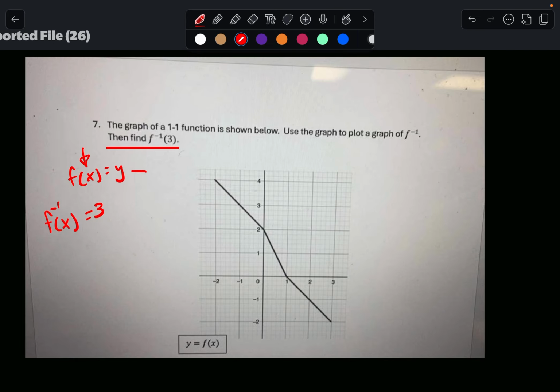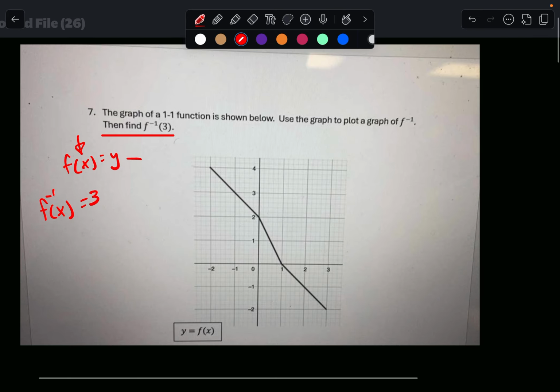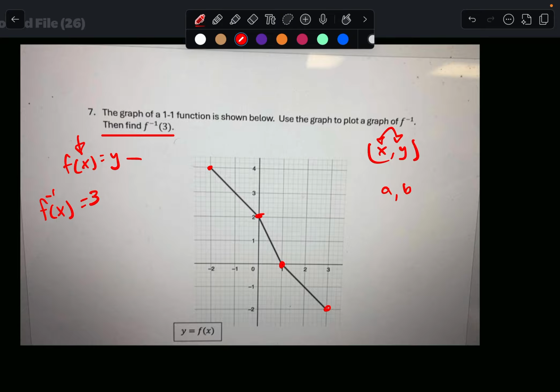Okay, so let's start by flipping this graph around, right? So we've got 4 points of interest. What we're going to do is take x, y and flip them. You can also think of them as a, b. We're just flipping them, so we're trying to find b, a or y, x.